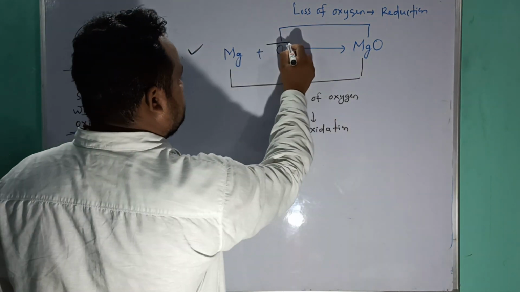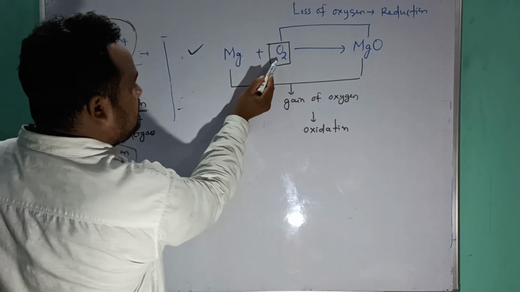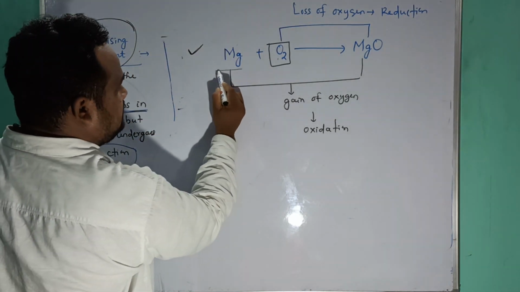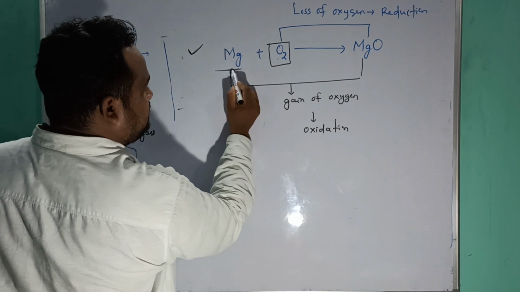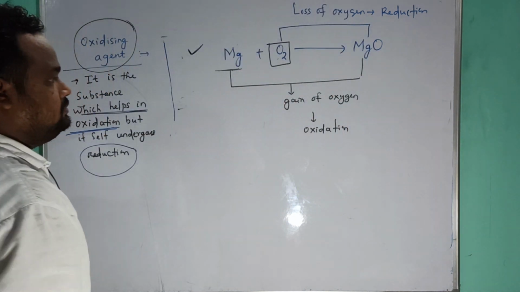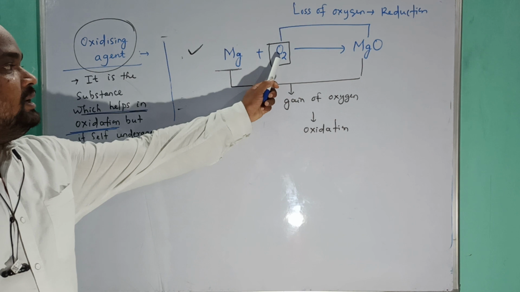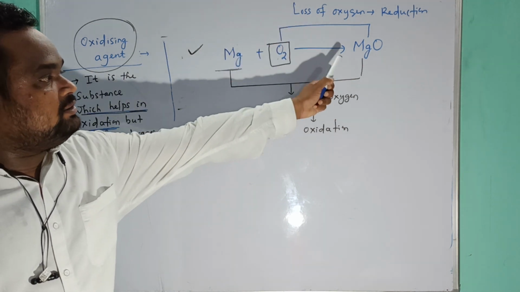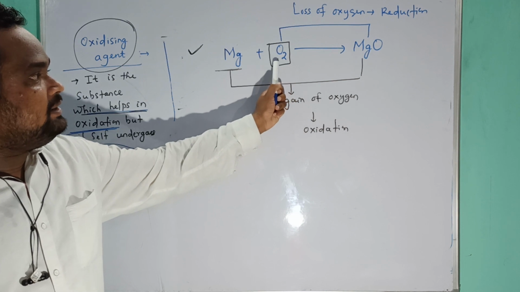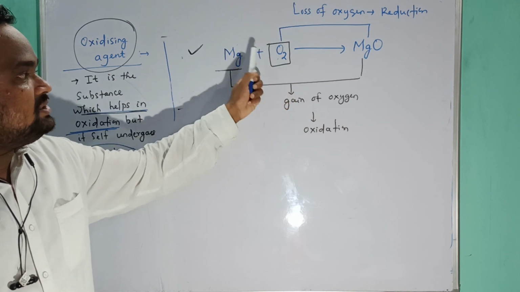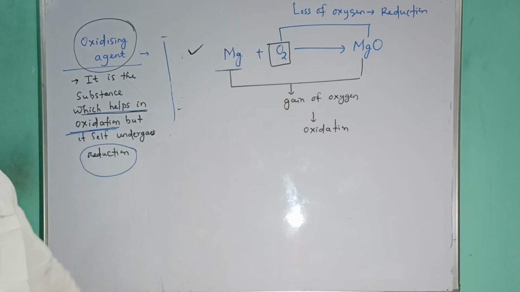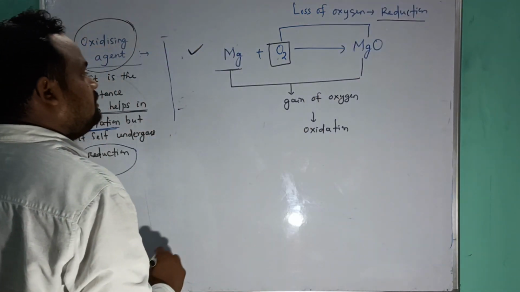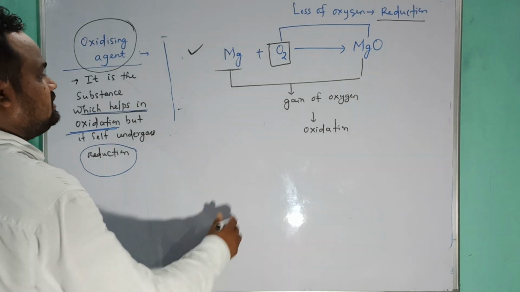देखो, ऑक्सीजन ने एक ऑक्सीजन एटम दिया, उसे मैग्नीशियम ने एक्सेप्ट किया, एक्सेप्ट करने के बाद क्या हो गया? MgO. ऑक्सीजन डोनेट वन ऑक्सीजन एटम, इट इज एक्सेप्ट बाय मैग्नीशियम एंड कंवर्टेड टू मैग्नीशियम ऑक्साइड. तो हेल्प इन ऑक्सीडेशन, ऑक्सीजन दिया इसी से ऑक्सीडेशन हुआ, एंड खुद का क्या हुआ? इटसेल्फ अंडरगोज रिडक्शन. तो व्हिच वन इज ऑक्सीडाइजिंग एजेंट?